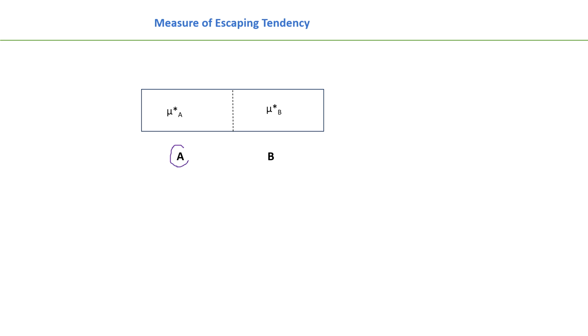Here subsystems A and B are separated by a diathermal non-rigid boundary.